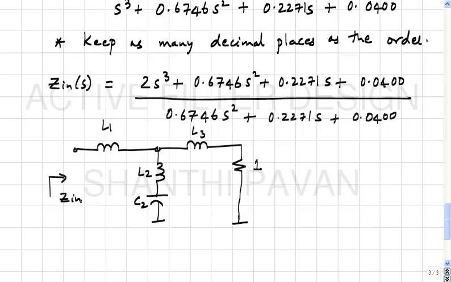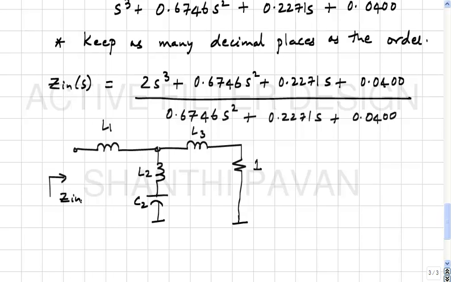So one thing that's clearly apparent is what? Can we use the same trick that we used last time? Last time what did we say? As s tends to infinity, the all pole ladder network tended to just the first inductance, correct?